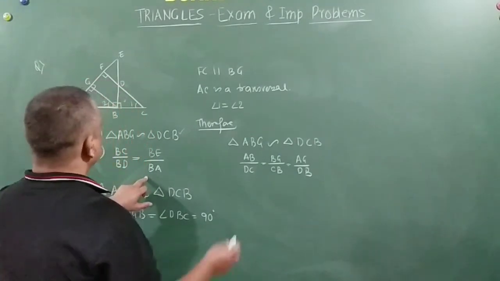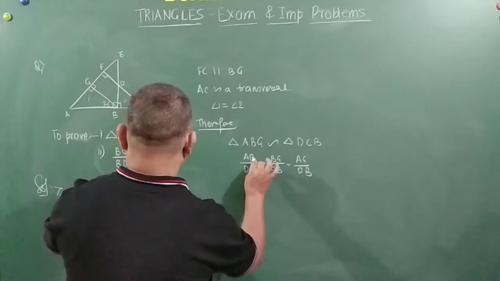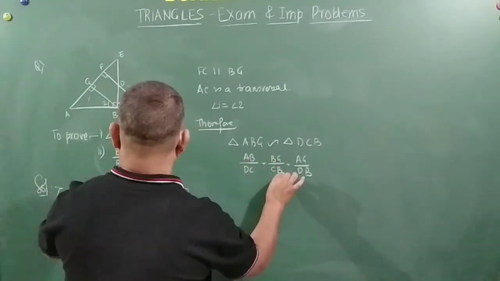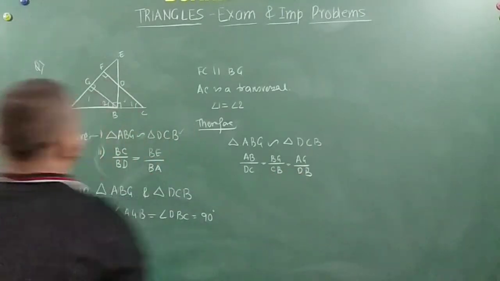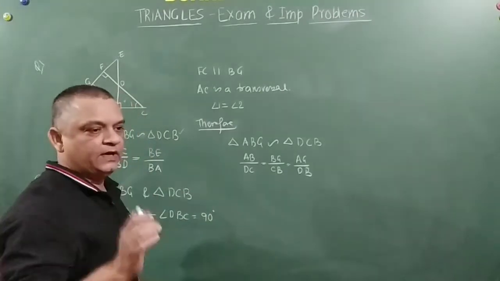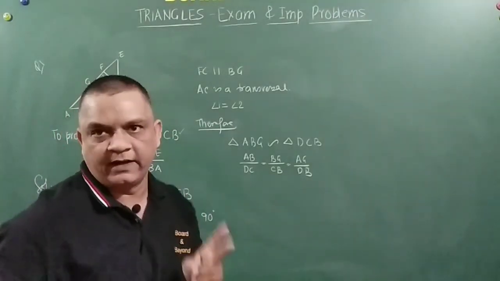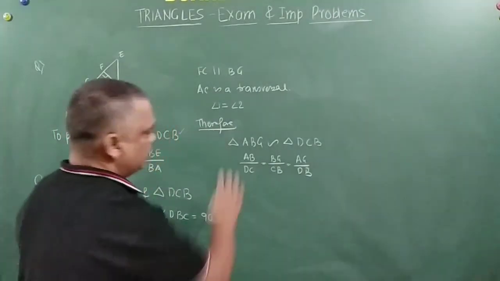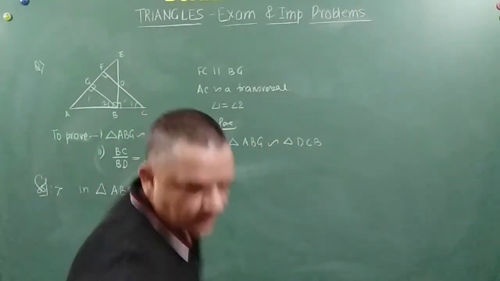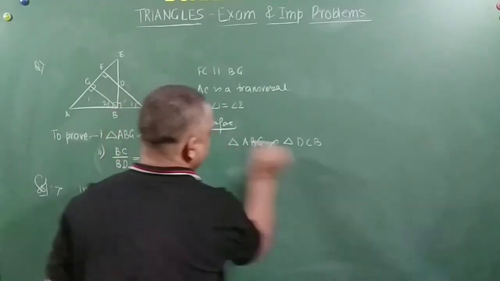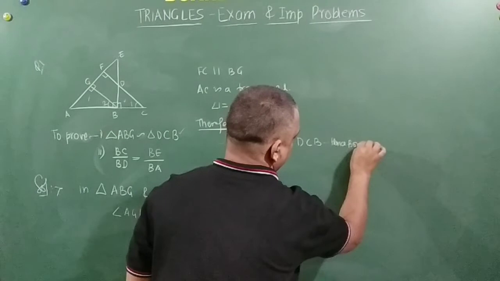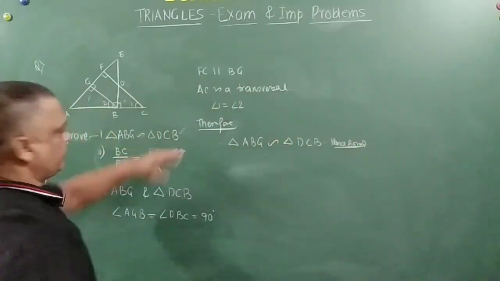So how can we do it? BC is here. For that, friends, we will stop here, and then we will have to prove one more similarity, right? Okay. So I'll just rub this off, and with this statement I'll write hence proved. Your first part of the problem is done.